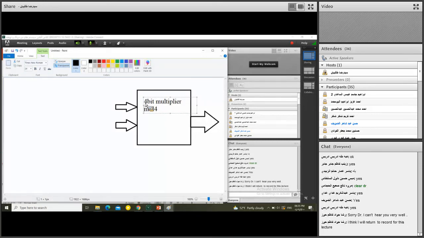And about the inputs, we have here one input A, for example, it is 4 bits. Another one is B, and it is 4 bits too.